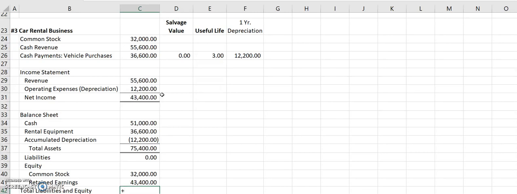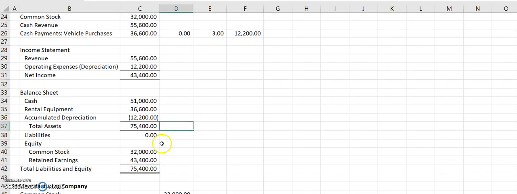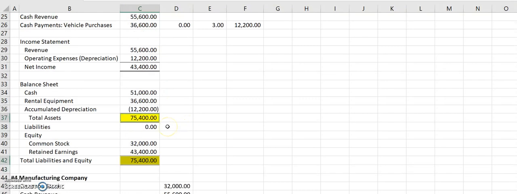And hopefully our liabilities plus the 2 elements of our equity is $75,400, which happens to agree to our total assets. So we are good to go on question number 3.